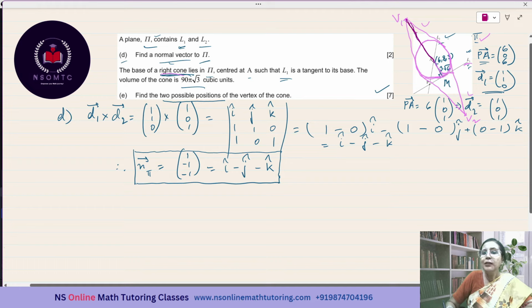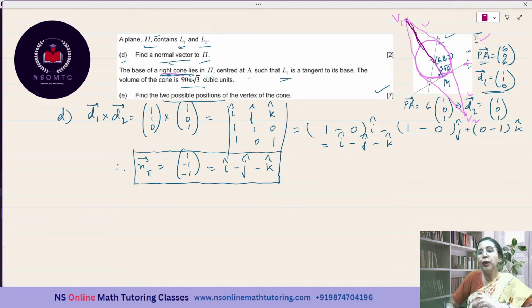So this V1A vector will be perpendicular to every line lying on the plane pi, so it will be parallel to the normal vector to the plane pi. I can take the direction vector of the line V1A as the normal vector n, which is (1, minus 1, minus 1), or i minus j minus k.